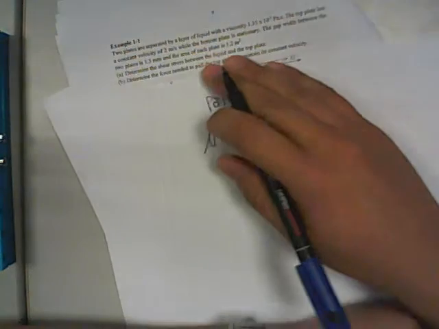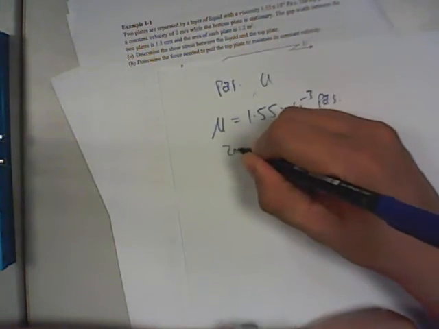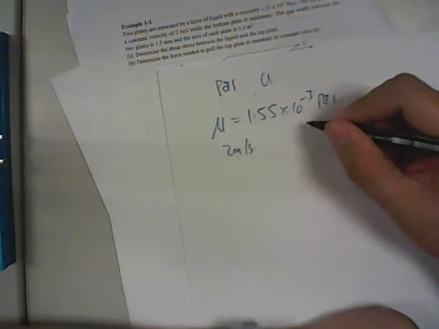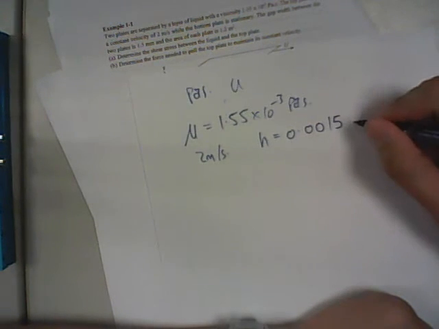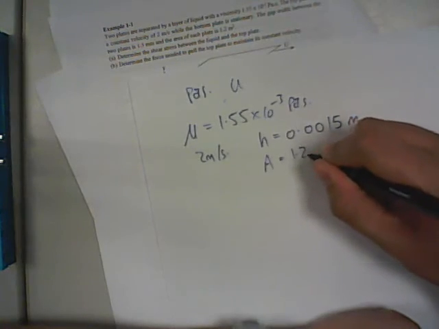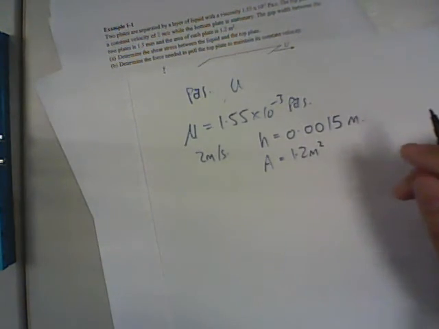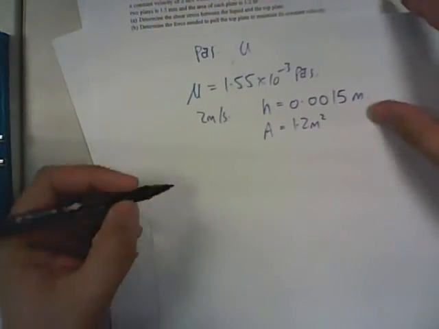Okay, the top plate has a constant velocity of 2 meters per second, while the bottom plate is stationary. The gap is 1.5 mm. Okay, so if I write in SI units, it's 0.0015 meters. Okay, and the area is 1.2 meters square. Okay, so how you draw the velocity profile?